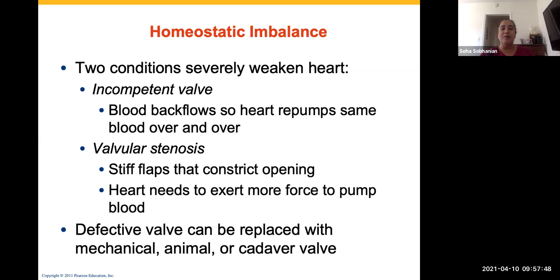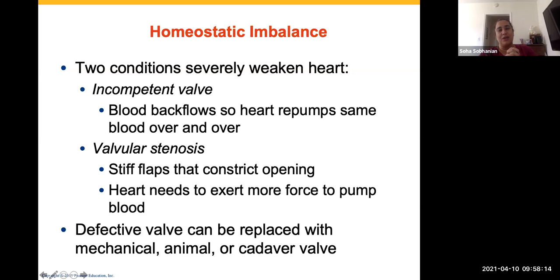We also have something called valvular stenosis. This is when the valve is kind of like a door that hasn't been oiled for a while. It's pretty stiff, so it doesn't open properly. The heart needs to really squeeze to push those valves open.